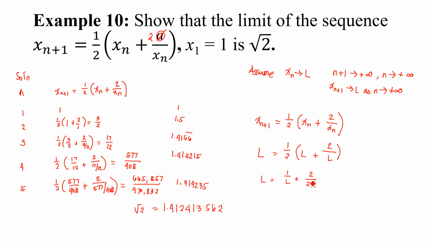I have a wrong solution here. It should be L equals L over 2 plus 1 over L. So here we have L equals L squared plus 2 over 2L.